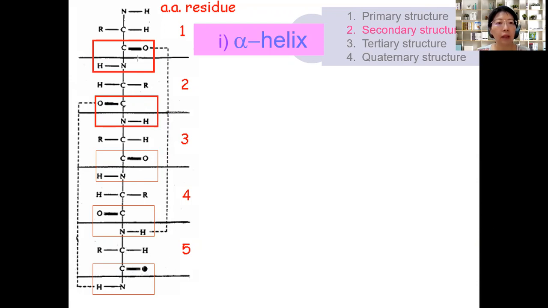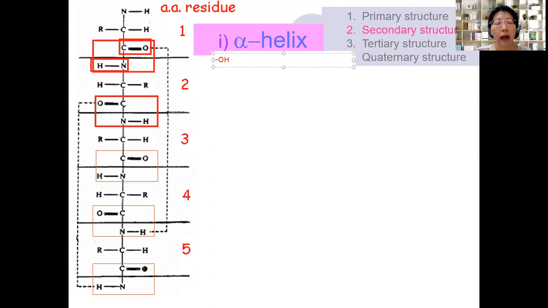Now, the carbonyl group, this one here, and the NH group, both of them are actually polar because there's an uneven sharing of electrons between the C and the double bond O, between the N and the H. Now, remember when you studied the hydrogen bond, I mentioned before that the hydrogen bond is the bond formed between electronegative O. So let me show here.